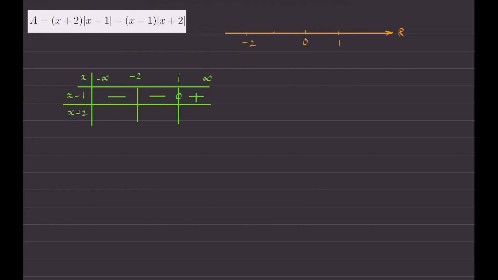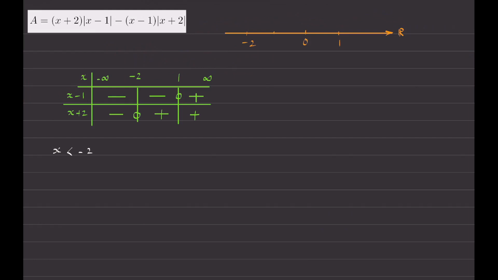For the second expression, this is 0. This is the root of x + 2. If I choose a number less than -2 for x, then this becomes negative. But if I choose a number greater than -2, this expression becomes positive. Okay, so let us now consider three scenarios. What happens if x is less than -2?